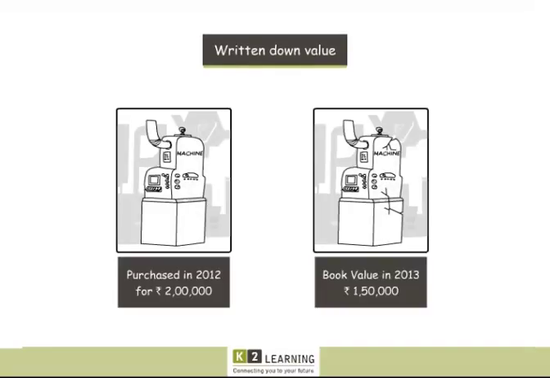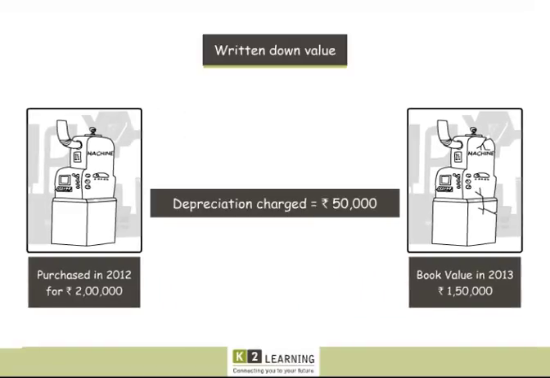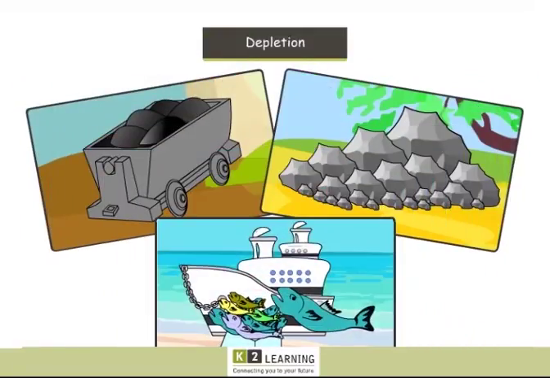The written down value or book value or unexpired cost of a fixed asset on a particular date is the original cost less depreciation charged on the fixed asset from the date of purchase to that particular date. Depletion is the exhaustion of an asset, generally of natural resources, by deterioration.